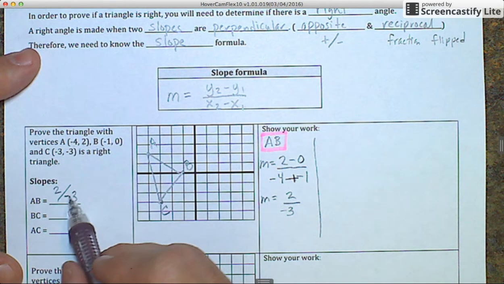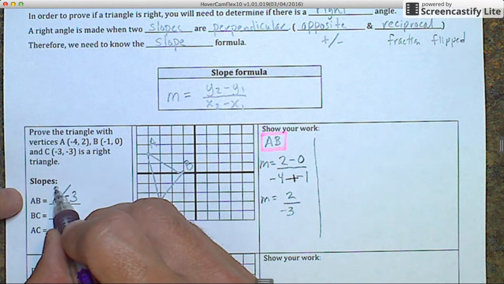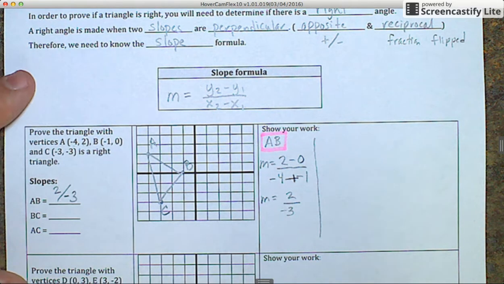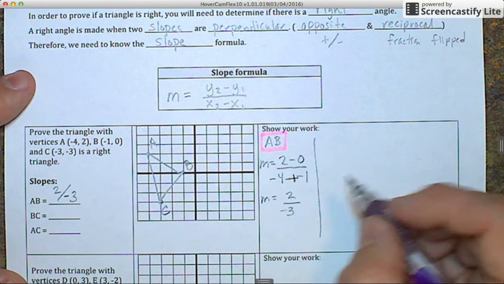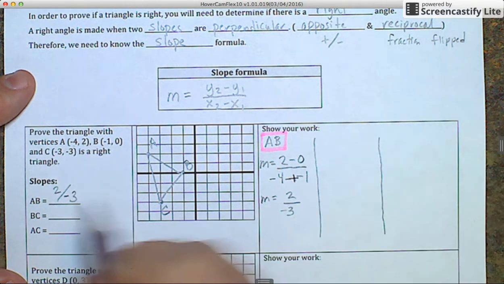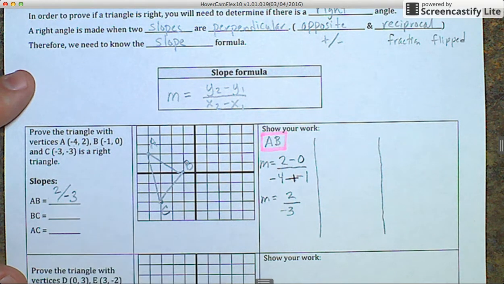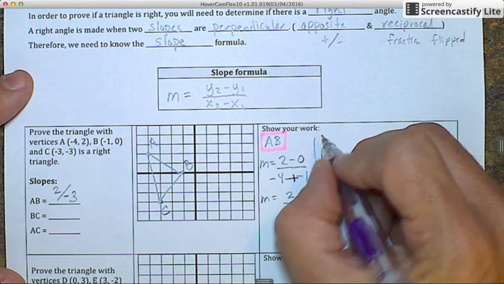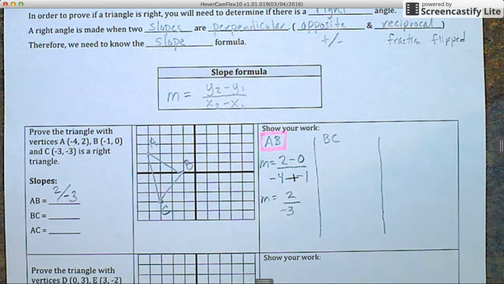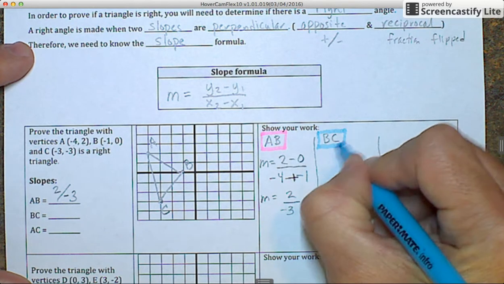Now 2 over -3 can also be written as -2 over +3, and I'm going to show you that in a minute. But as long as you have one negative sign in the fraction, it doesn't matter where it goes. It can go in the numerator, in the denominator, or out in front of the fraction. The next one that we're going to do is BC, and I'm going to put a blue mark around BC.